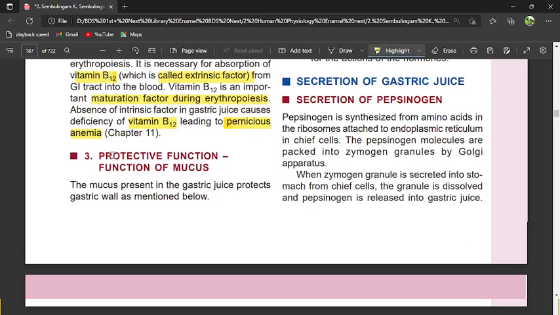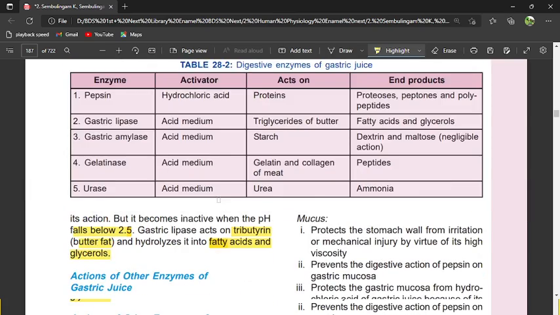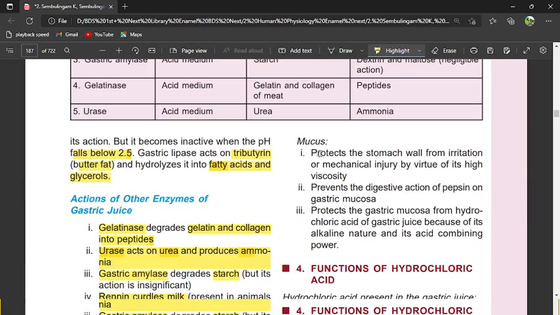Next is the protective function of mucus. The mucus present in the gastric juice protects the stomach as mentioned below. Mucus protects the stomach wall from irritation and mechanical injury by virtue of its high viscosity.